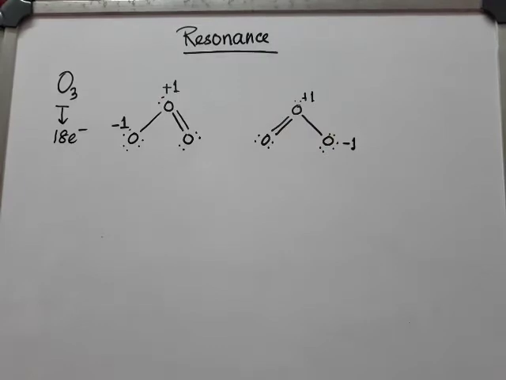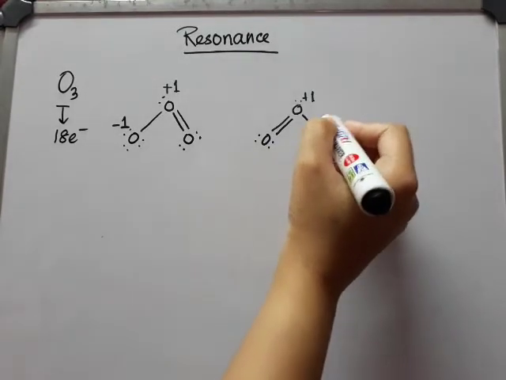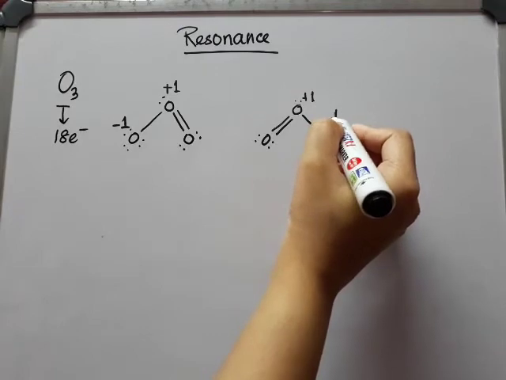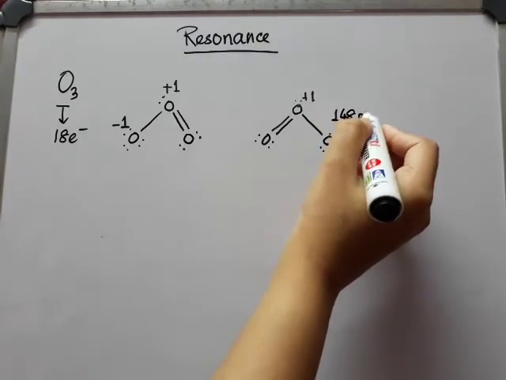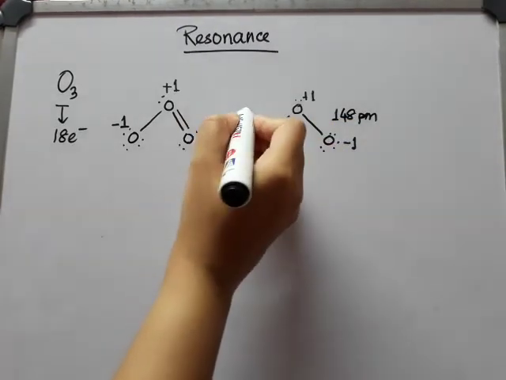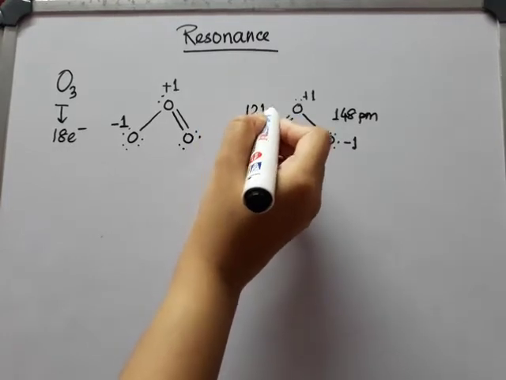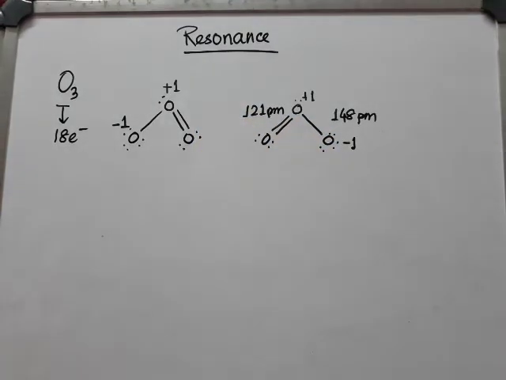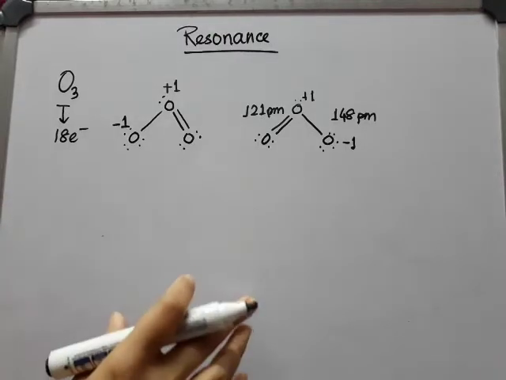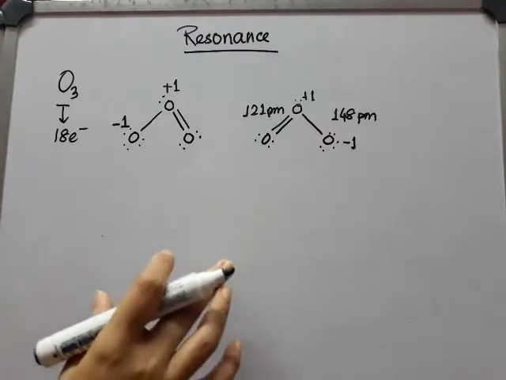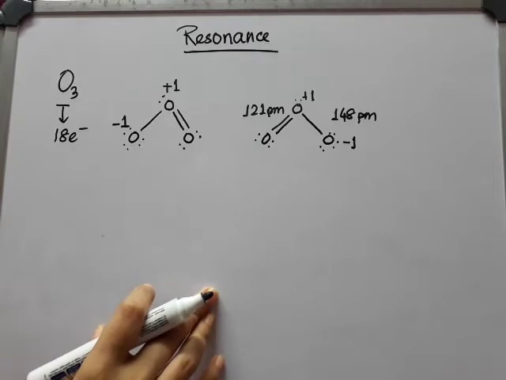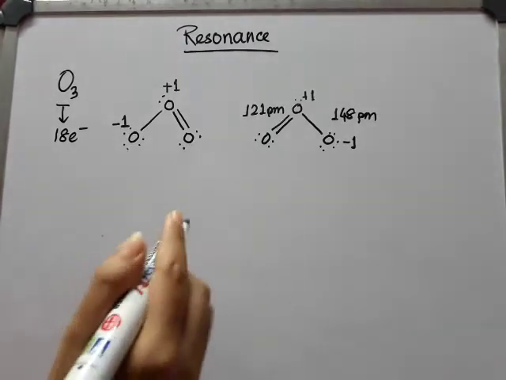So we all know that the single bond length is always greater than the double bond length, right? Here the oxygen-oxygen single bond length is 148 picometer, and the oxygen-oxygen double bond length is 121 picometer. Okay, but experimentally it is found that in the ozone molecule both oxygen bond lengths are 128 picometers, that means between single and double bond length.